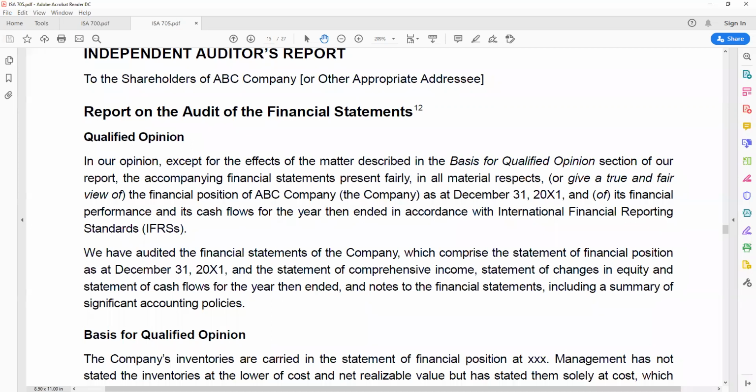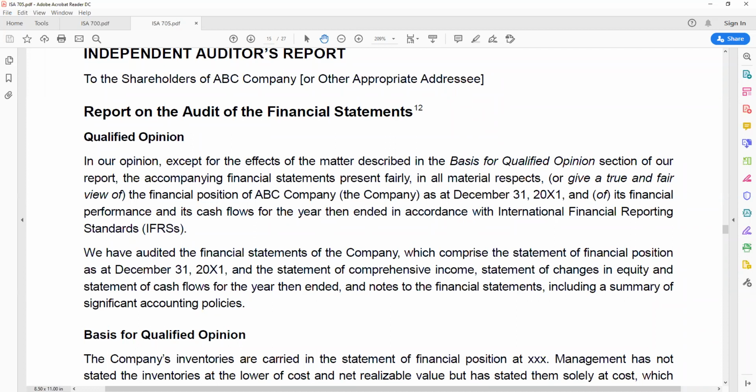Now, what you're attempting to tell the users is, hey, look, we know that the accounts of the company have issues. However, not all accounts of the company have issues. The only area where there's an issue is on the following matter. I'm just trying to interpret. Maybe, as an auditor, we were not able to audit inventory.